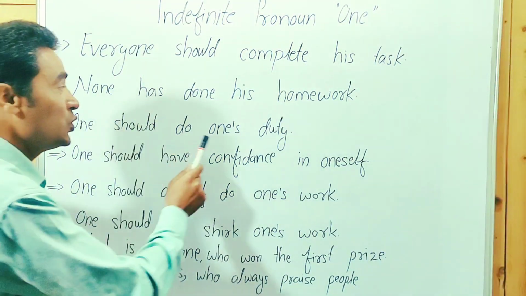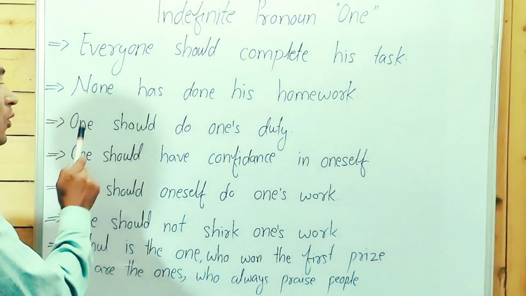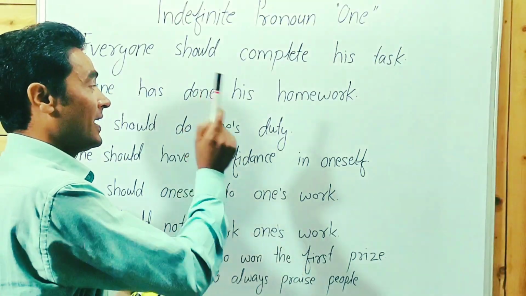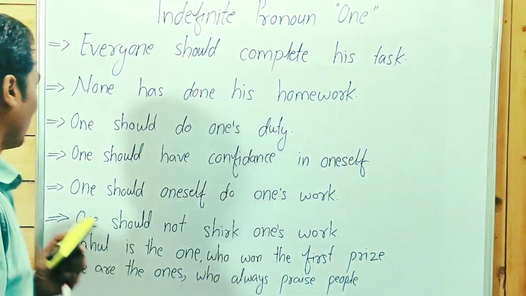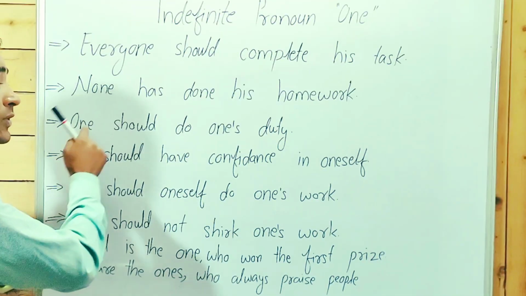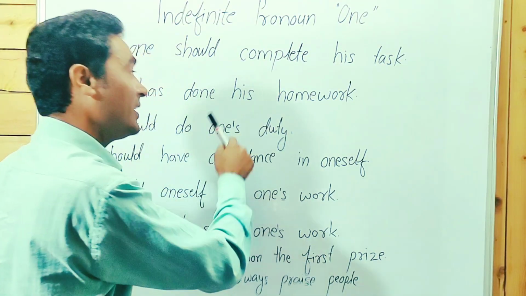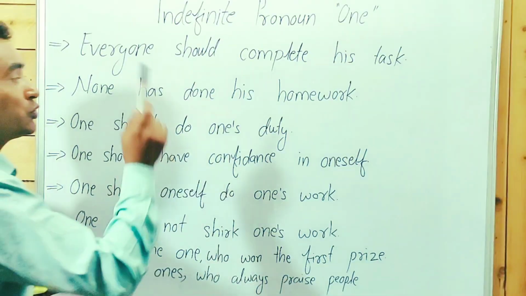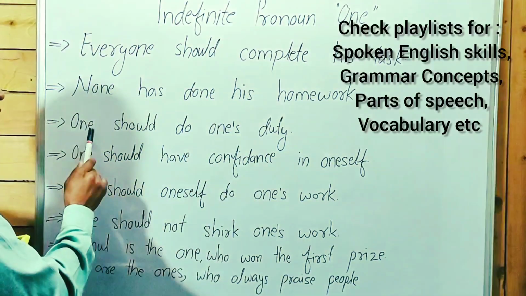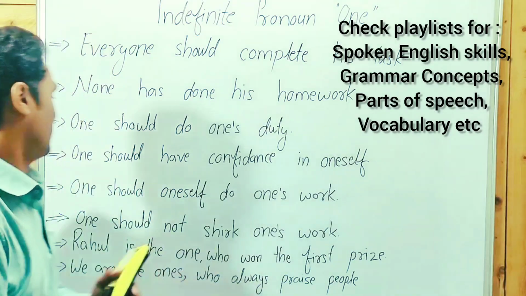We don't say one should do his duty, one should do her duty. These sentences are incorrect. With one we use one's case. So possessive case one's. We don't say one should do his duty. No, one should do one's duty.